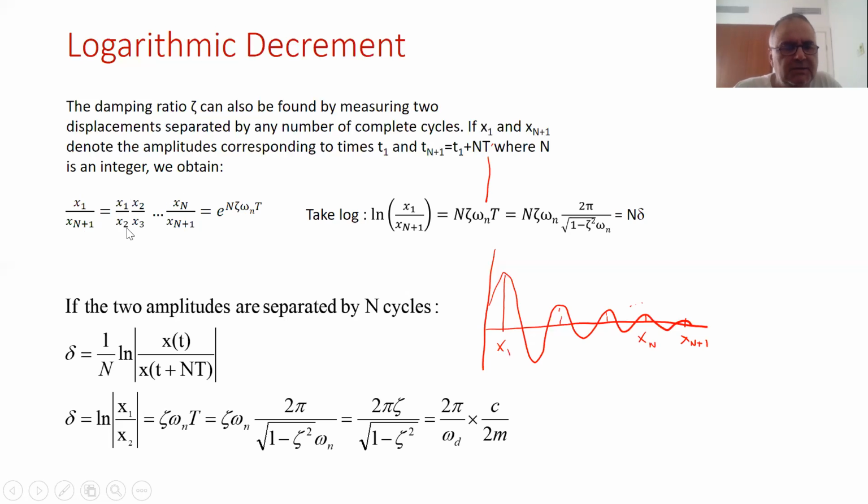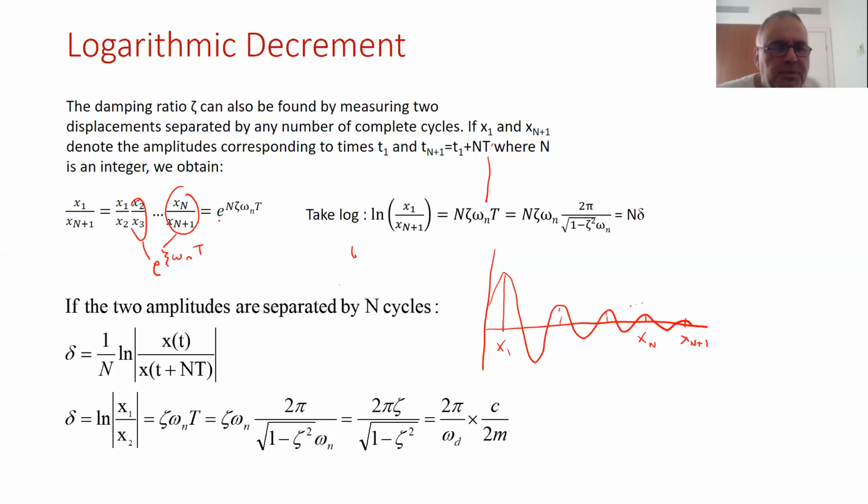Now, each of these, we know, is equal to e to the zeta omega n T. And we have n of these.